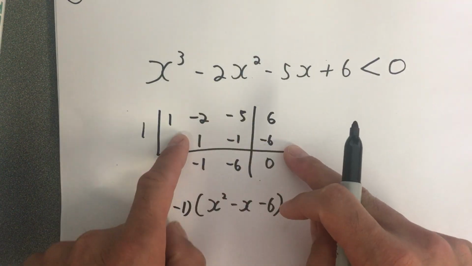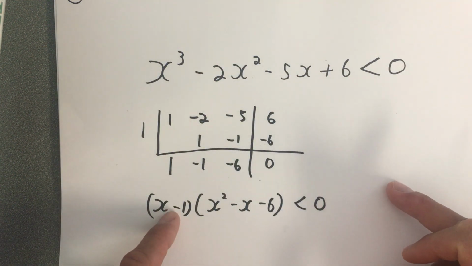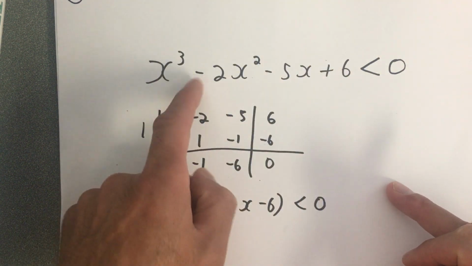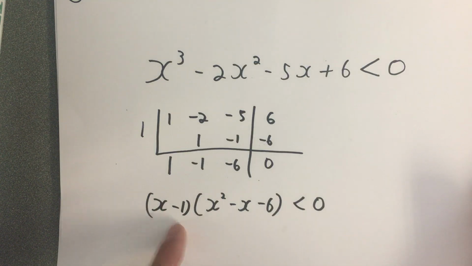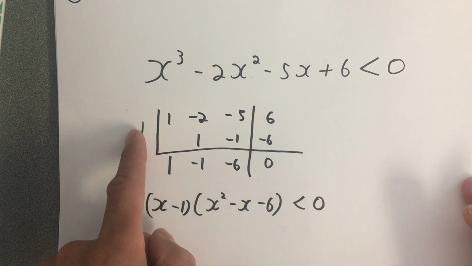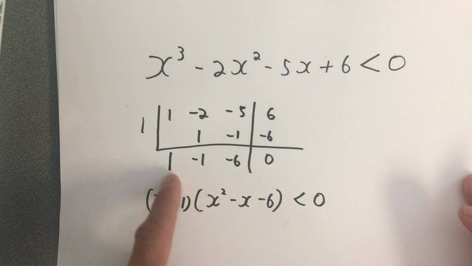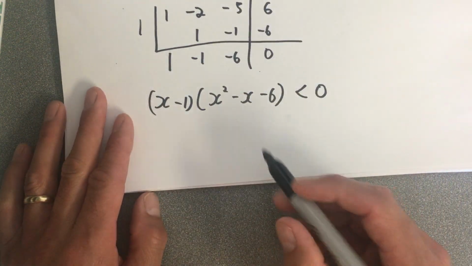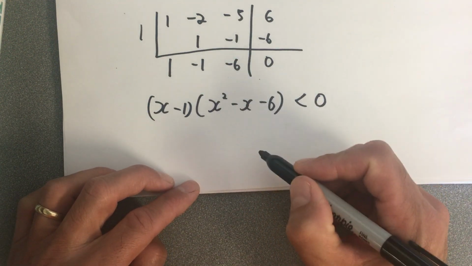So this is applying synthetic division to factor this into this after first guessing that my function evaluated at 1 gives me 0. So I found that 1 is a root, so x minus 1 is a factor, and then I divided x minus 1 from the rest of this polynomial to get that using synthetic division. Now we're going to factor this. We need numbers that add to negative 1 and multiply to negative 6.